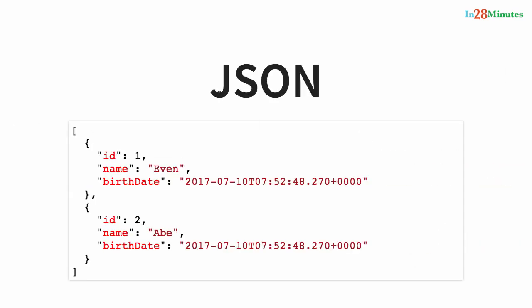The other data exchange format is JSON. JSON stands for JavaScript Object Notation. It's the language JavaScript which is used typically on the front end. Now we are also using JavaScript in the back end like Node.js and things like that. But JavaScript for a long while was a language of the front end.